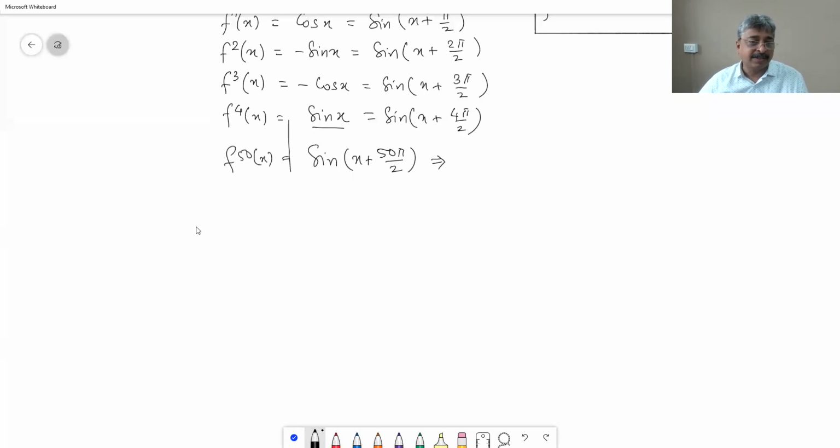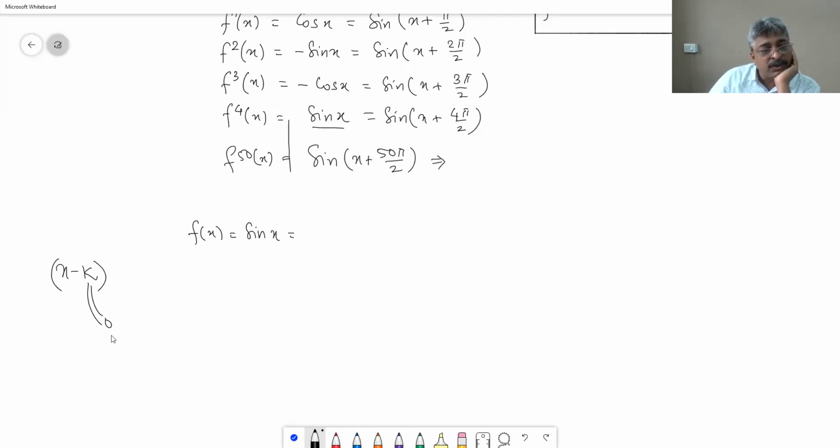f of x is equal to sin x. Now, the x minus k business that we have done in case of polynomial. If I put k is equal to 0, that is my base point.